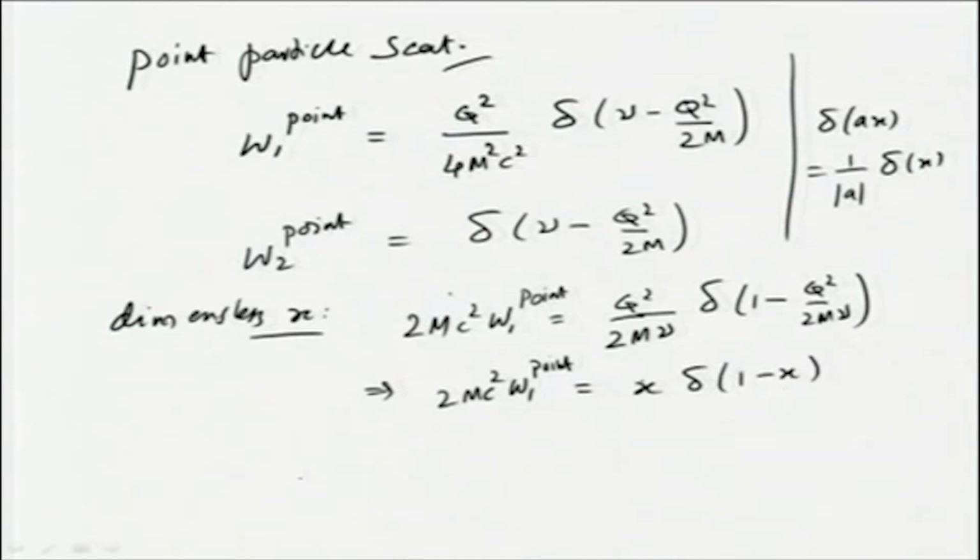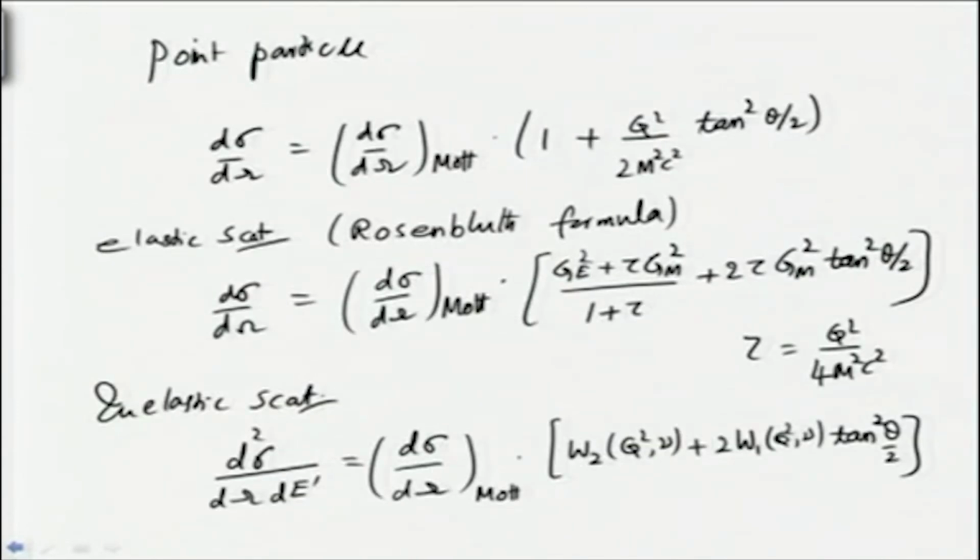And similarly, you have W₂ for a point particle equal to (1/ν) δ(1 − x), or I can write this as ν times W₂ point is equal to δ(1 − x).